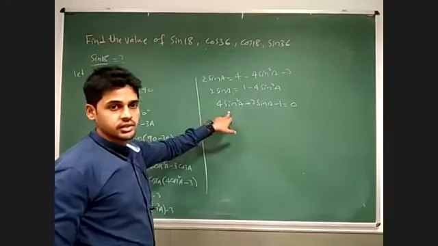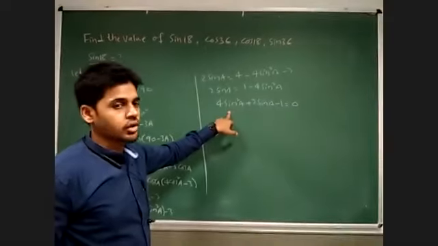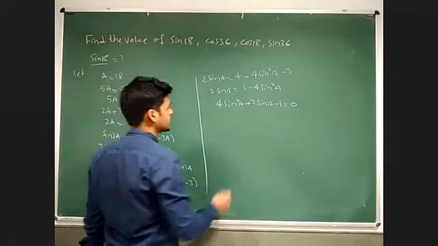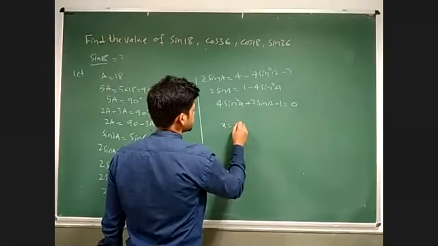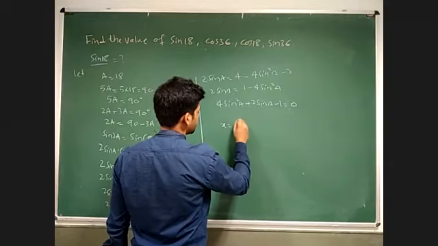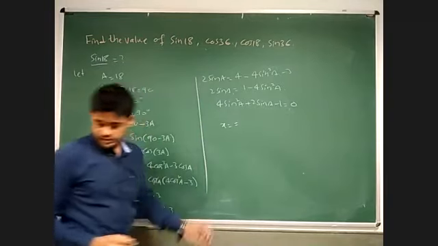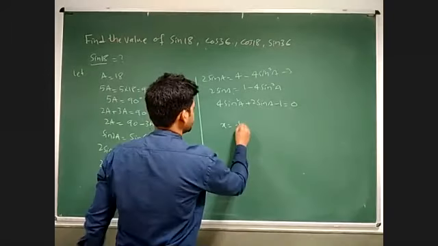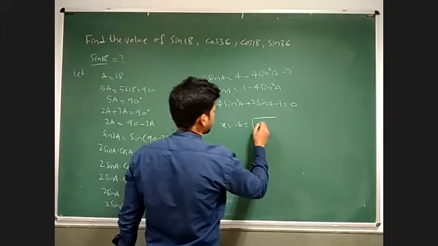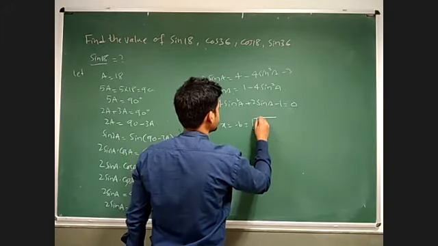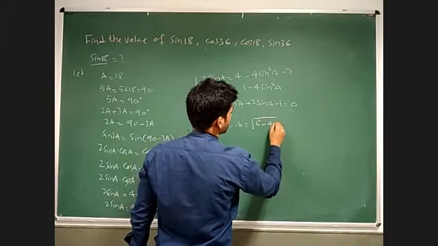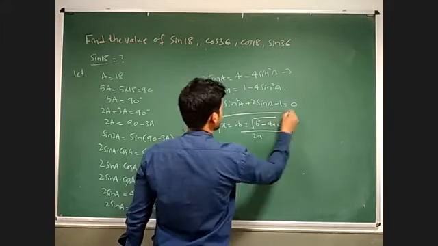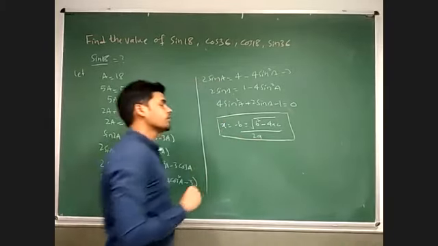This equation is nothing but a quadratic equation. To solve a quadratic equation, I know the formula: x is equal to minus b plus or minus under root b square minus 4ac, by 2a. This is the formula to solve a quadratic equation.